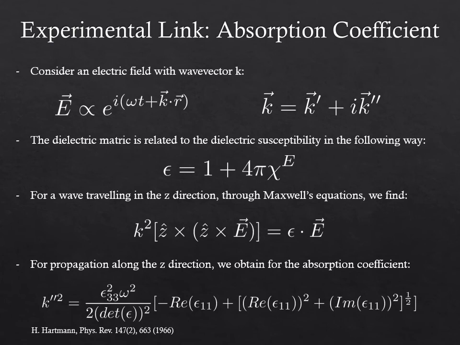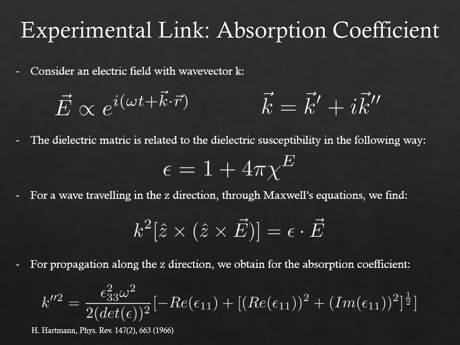So just to summarize, if you have an electric field in the form of a plane wave like this, the wave vector can be written as a sum of a real part k prime and an imaginary part k double prime, and this k double prime here is exactly the absorption coefficient, because if you put it back in this expression, the i's cancel out, and you get a decay term, an exponential to the power of a real number, pretty much.